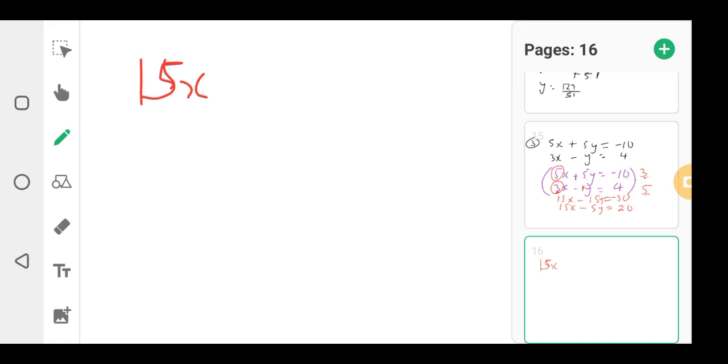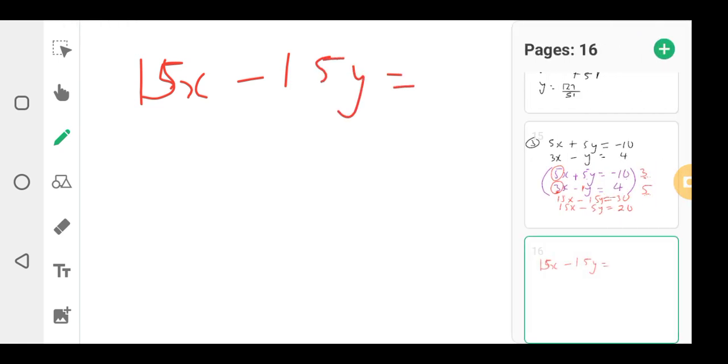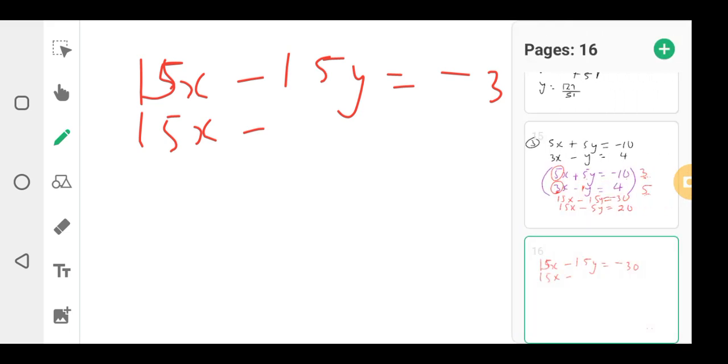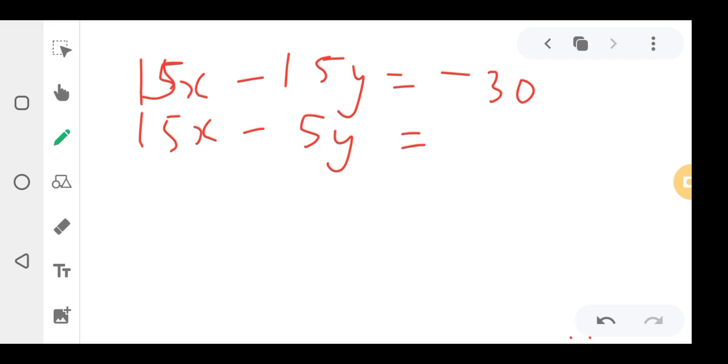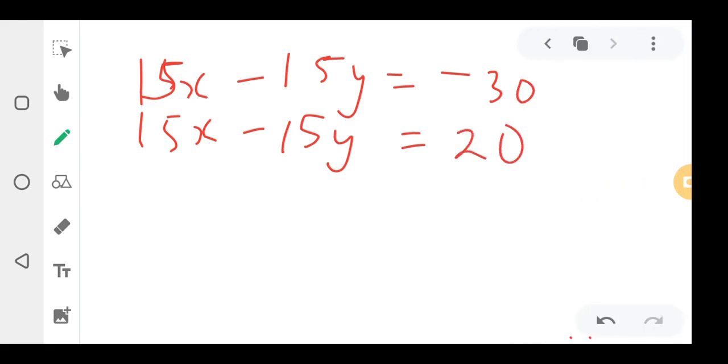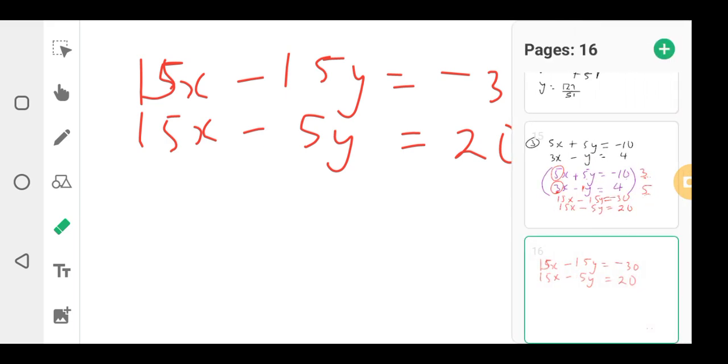So we have 15x plus 15y is equal to negative 30, and again 15x minus 5y is equal to 20. Okay, this is 5, not 15.